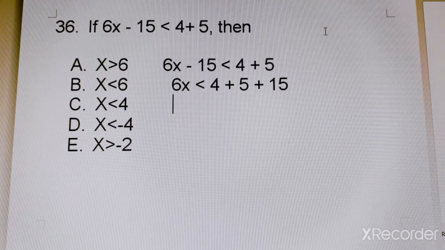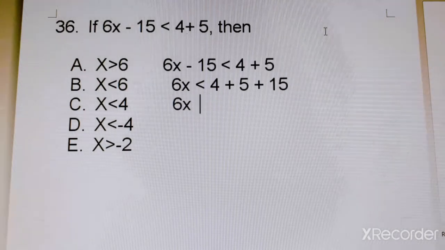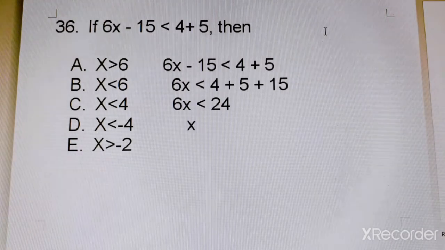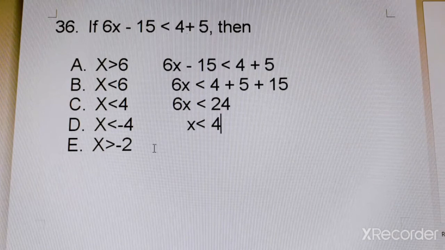Then 6x is less than 4 plus 5 plus 15 is 24. Then divide both sides by 6. So 6x divided by 6 is x. X is less than 24 divided by 6 is 4. So the answer is x is less than 4. It's letter C.